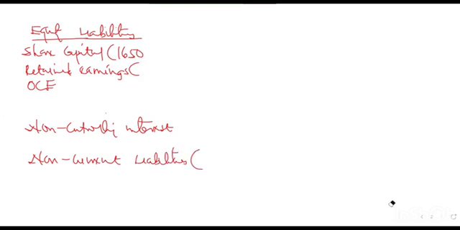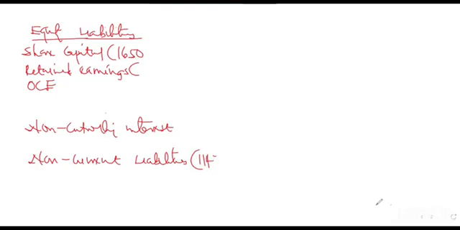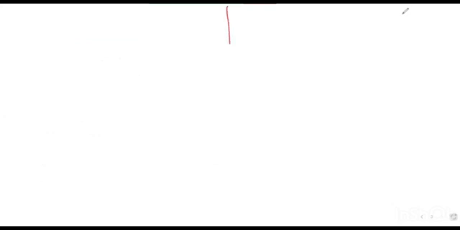Were they giving items or? No, it's only one. Okay. So that would be 1143. And current liabilities, how much? 172. 172. Okay. So from this place, you can now move on to your workings.